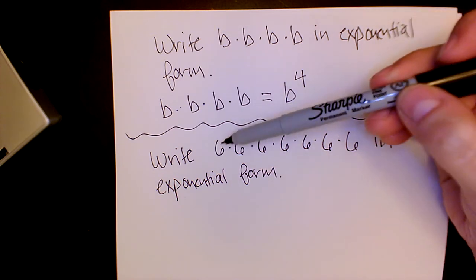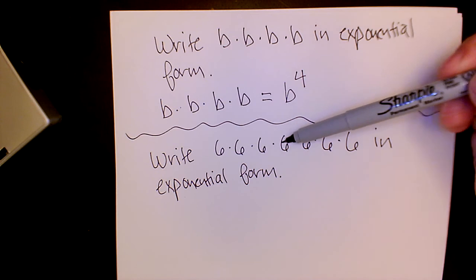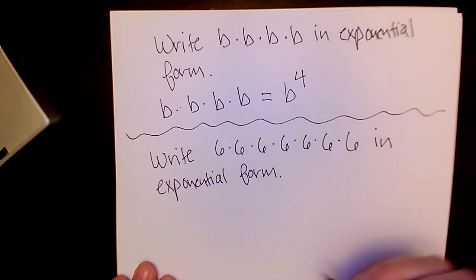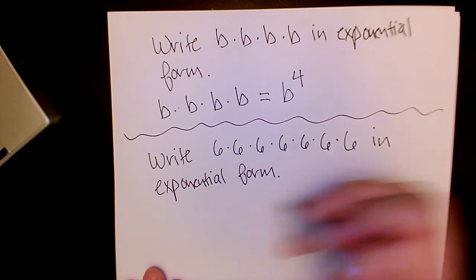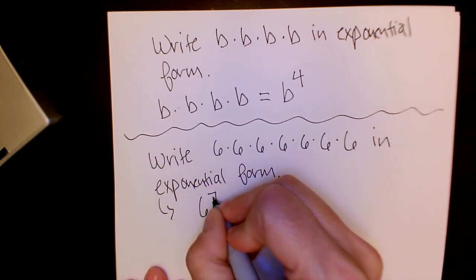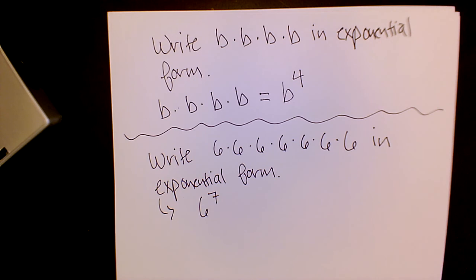Okay, well, I'm going to count up my 6's. I've got 7. So if I want to write that in exponential form, it's just 6 to the 7th power.